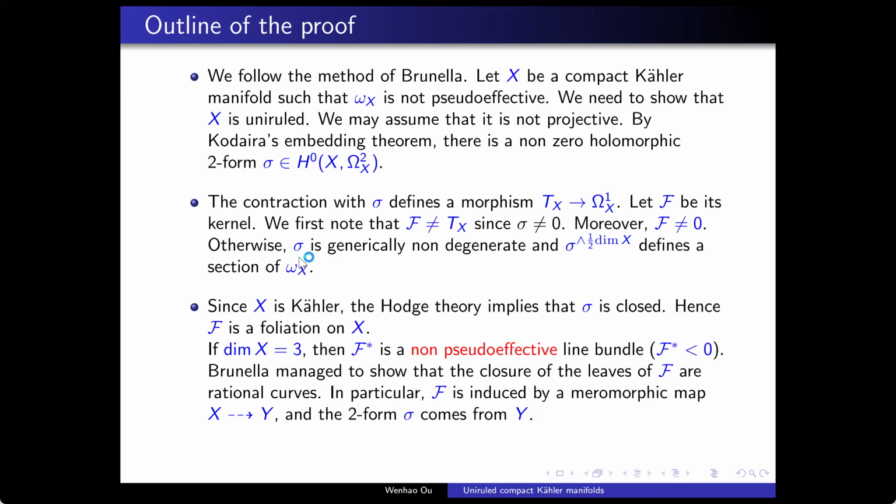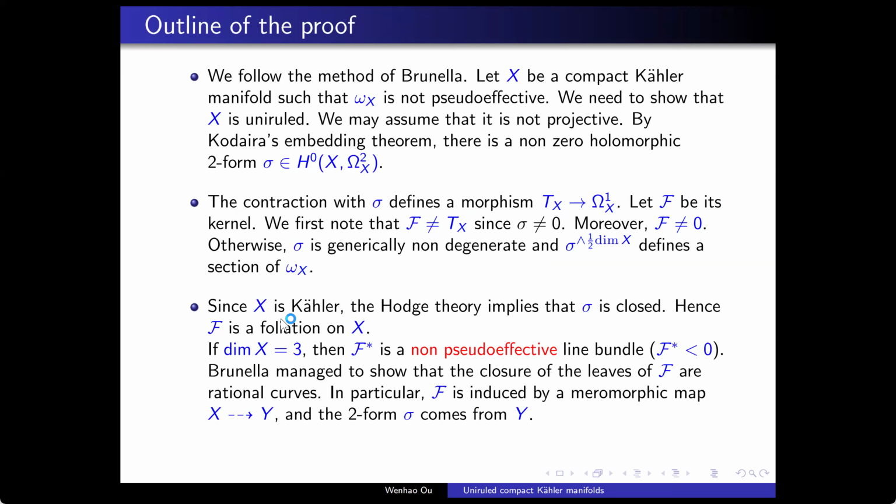So there is some non-degenerate symplectic form. Then in this case, we know that the canonical class is trivial. This is the reason why F is not zero. So we have a subsheaf of the tangent bundle T_X which is non-zero and which is not T_X entirely, so it is something strictly in the middle.